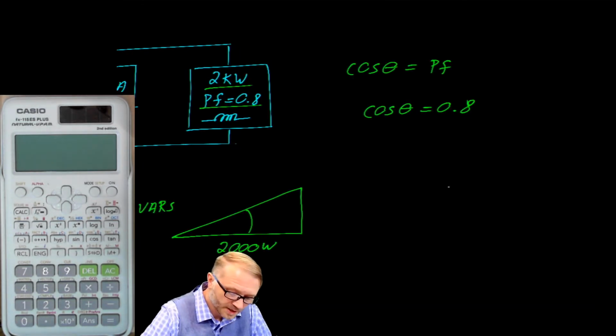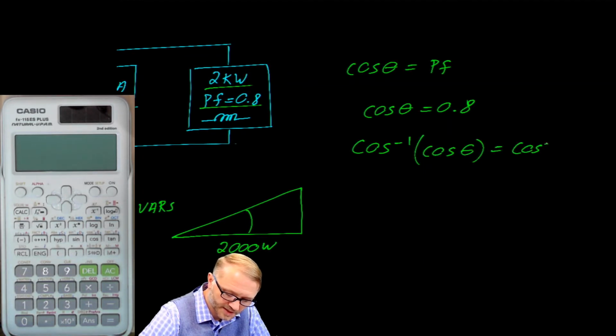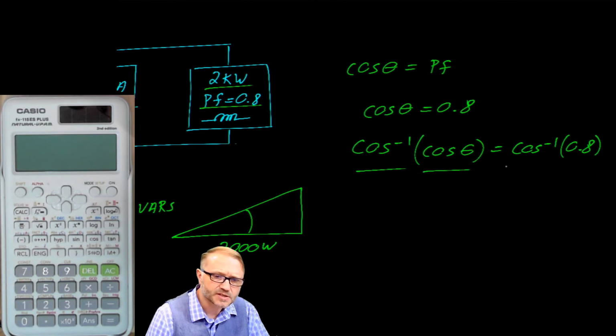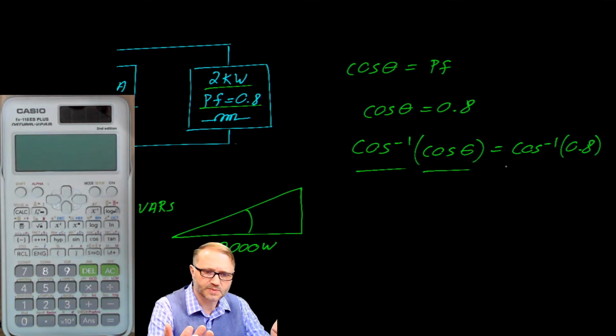Now, to solve for theta, you need to run it through the arc cosine machine. So inverse cosine of cosine theta is equal to the inverse cosine of 0.8. Do y'all remember when we talked about the machines? We had one machine that would take stars off and another machine that would put stars on. And it didn't really matter which machine you went through.